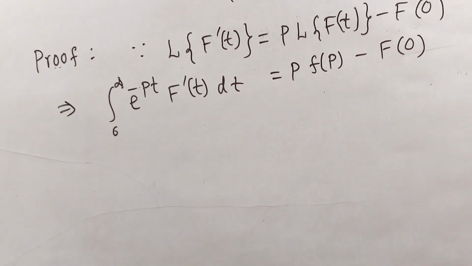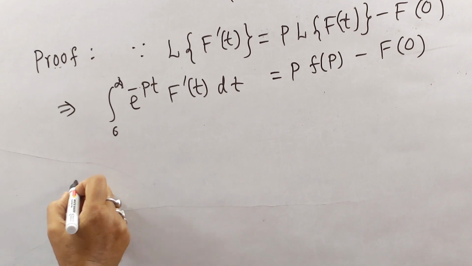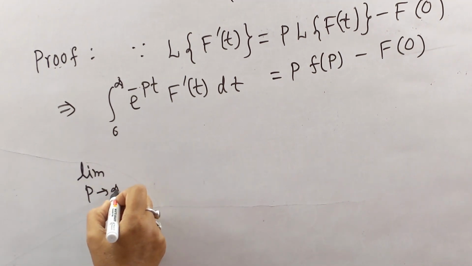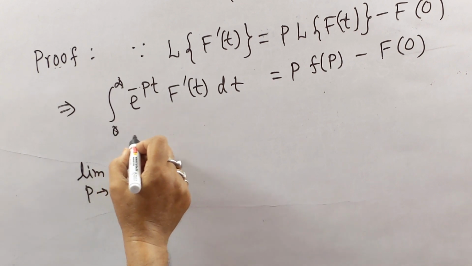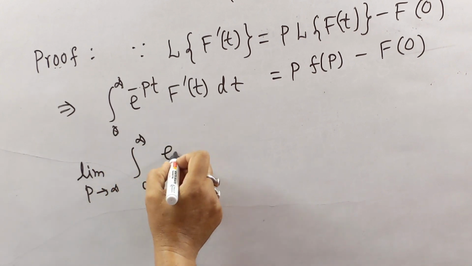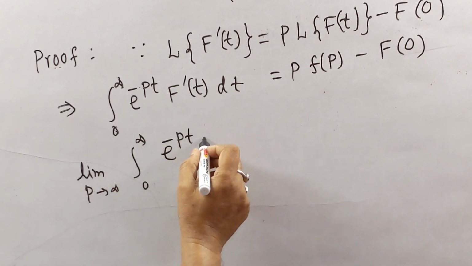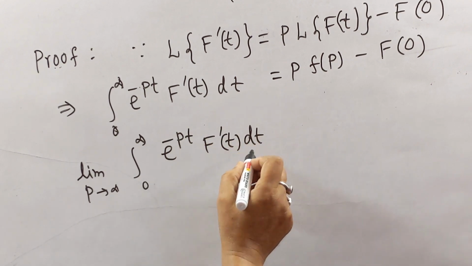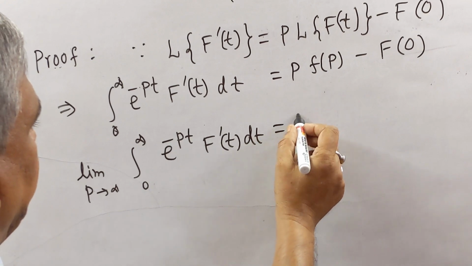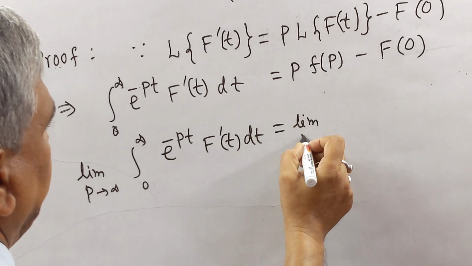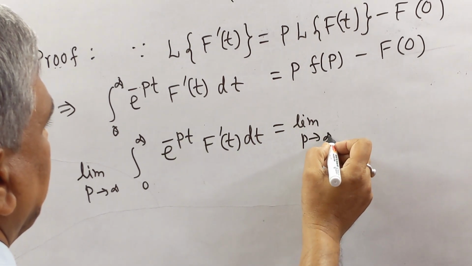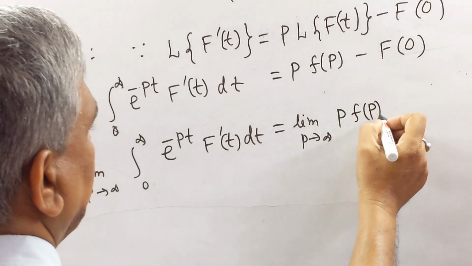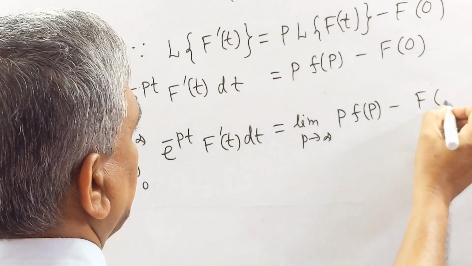Taking p tends to infinity, limit p tends to infinity of integral 0 to infinity e to the power minus pt f dash t dt equal to limit p tends to infinity of p f(p) minus f(0).